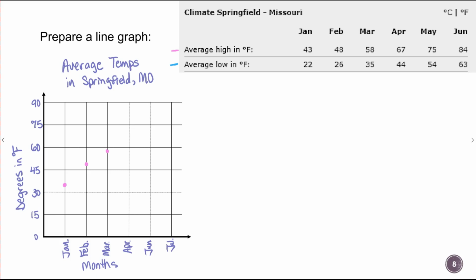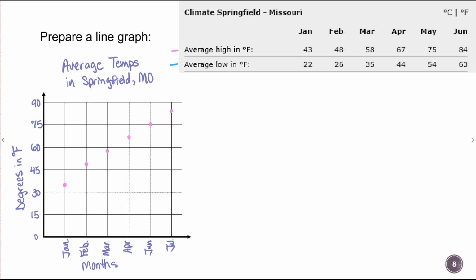And you know, my estimates may not be perfect. 67 is close to the middle because remember 67.5 degrees would be right in the middle. 75 degrees is spot on right here. And then 84 degrees would be, let's see, 82.5 is halfway, so it's going to be a little over halfway.